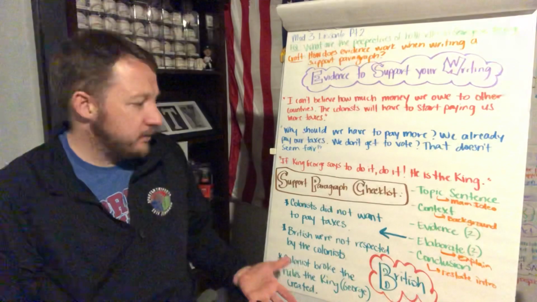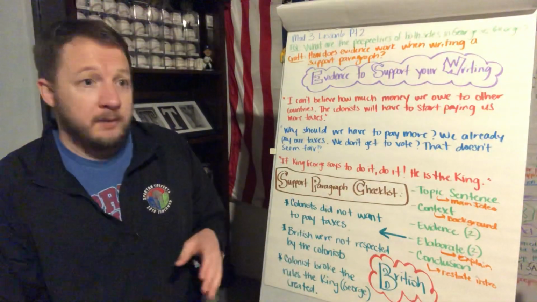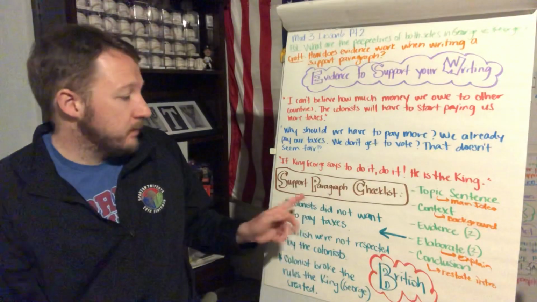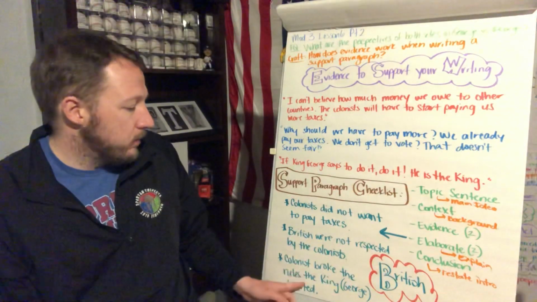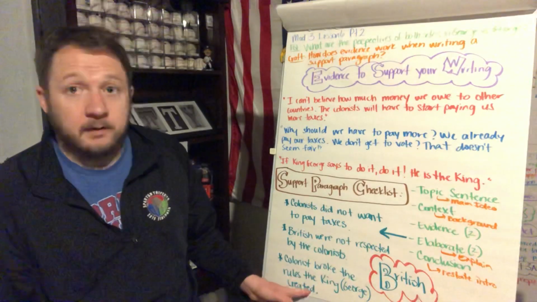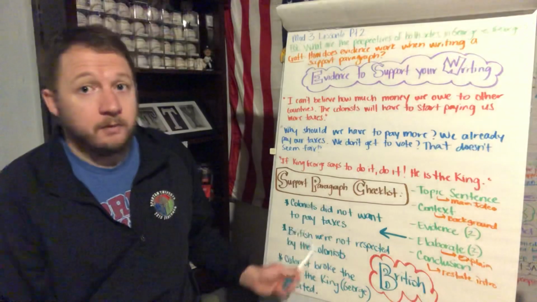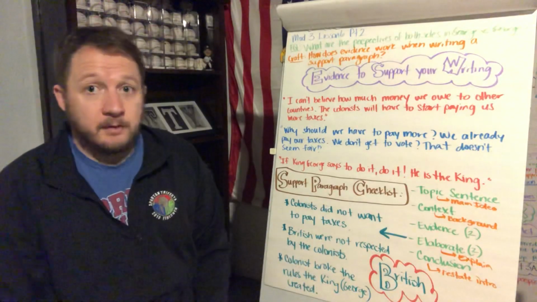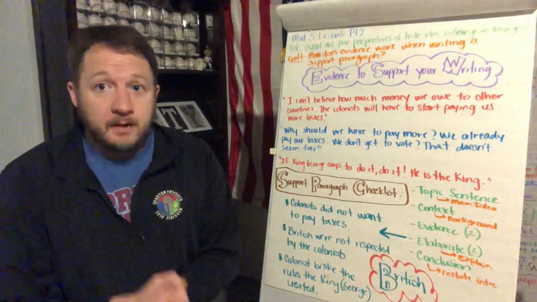And I did this for you guys because I wanted you to have these concrete things, and it'll be easier if you can just go find evidence of the colonists not wanting to pay taxes, the British not respecting the colonists, or the colonists broke the rules that King George created, okay? And I know for a fact that there is evidence of all 3 of these things in the reading that you have done.